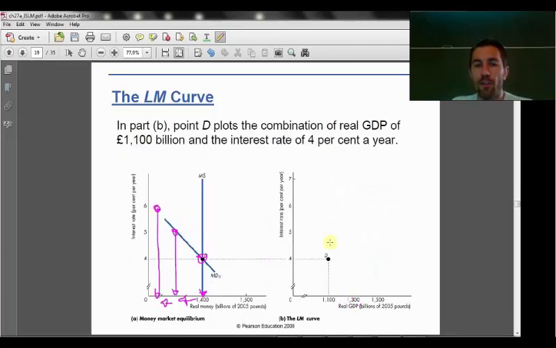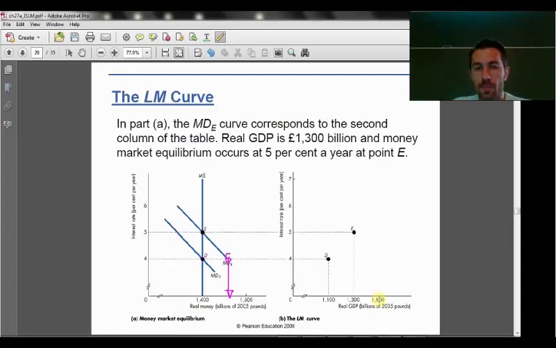At an interest rate of 5%, what is our quantity of money demanded? When we've got 1,300 as our level of real GDP, our money demand curve is MDE. And at an interest rate of 5%, the quantity of money demanded will be 1,400. And at 6%, the quantity of money demanded will be less than 1,400.